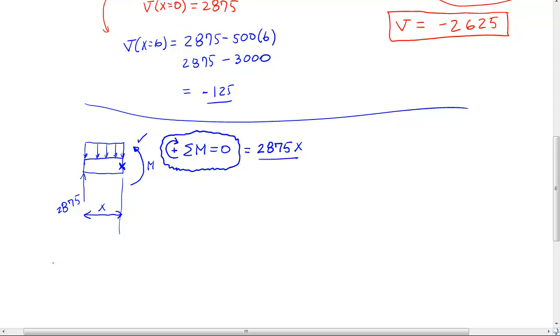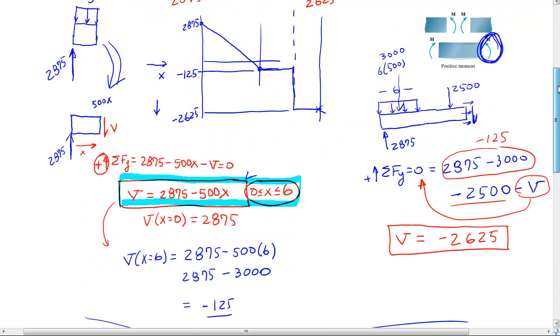It is going in this direction, which is the same direction as that. Now, this load is 500x, if I remember right.